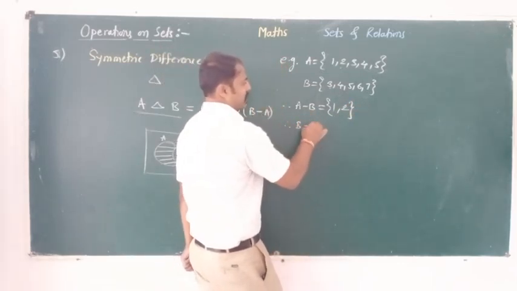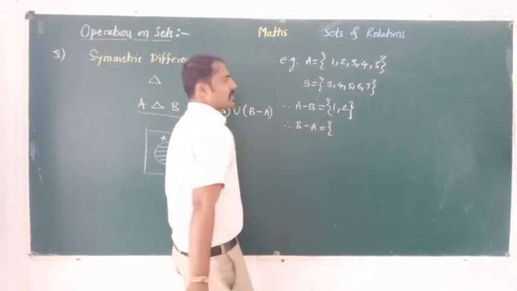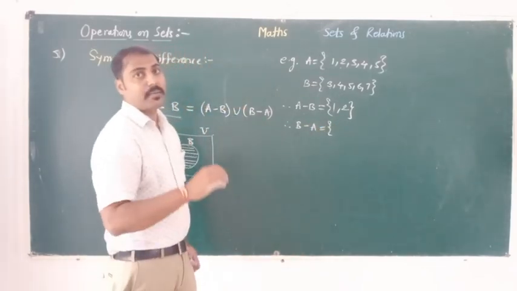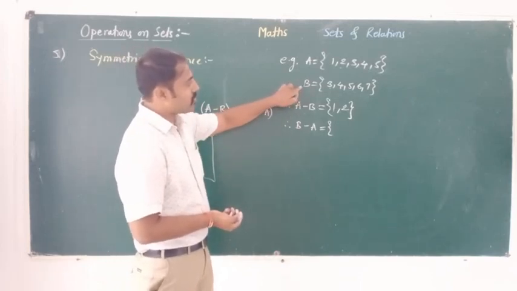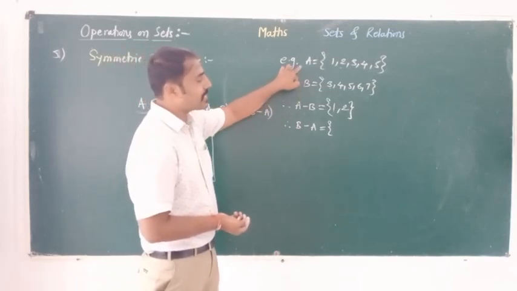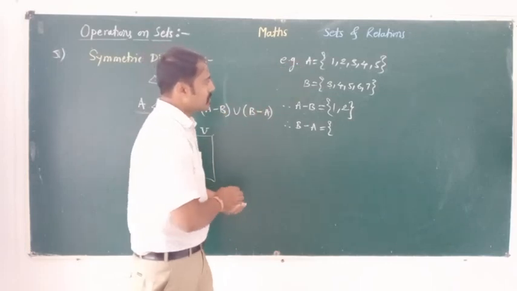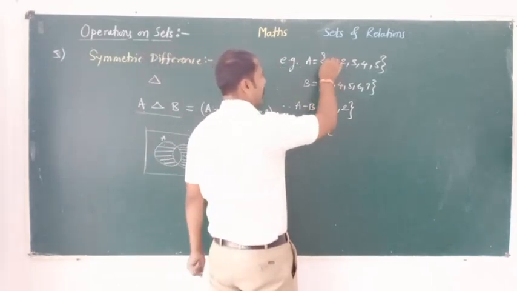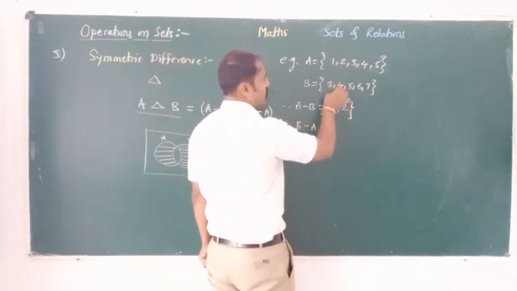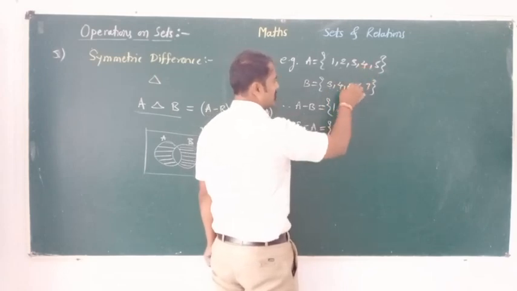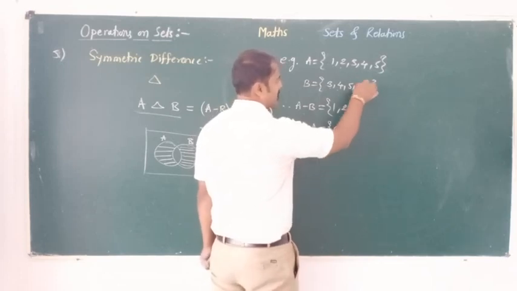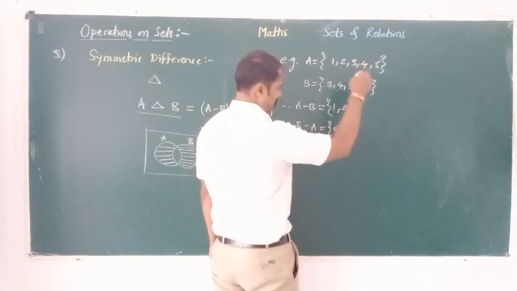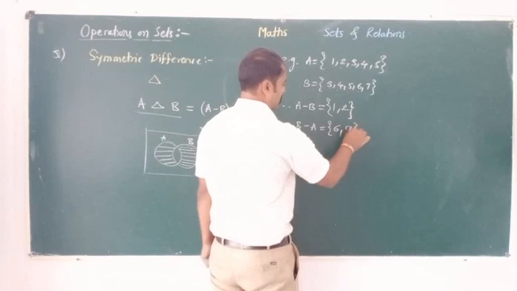And B minus A is what? B minus A is a set of all elements of B which are not in A. 3 is in A? Yes. 4 is in A? Yes. 5 is in A? Yes. 6 is in A? No. So write them. 6, 7 is in A? No. So write here.